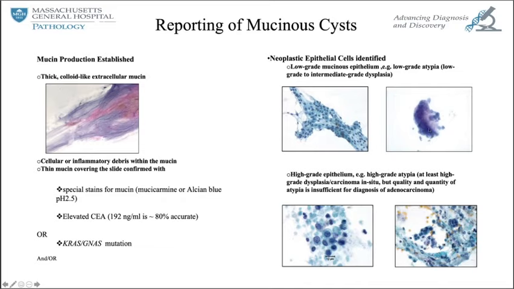So we have low to intermediate grade dysplasia, and we have high grade dysplasia. And this is an example of invasive carcinoma, but you can see how much they look alike. I can't tell the difference between the two on cytology.